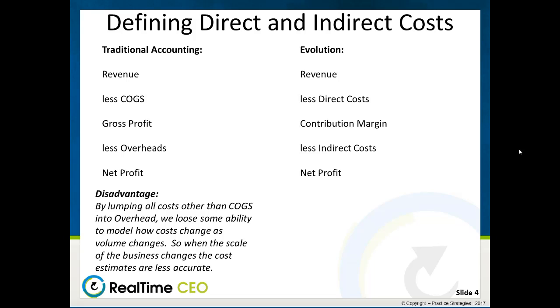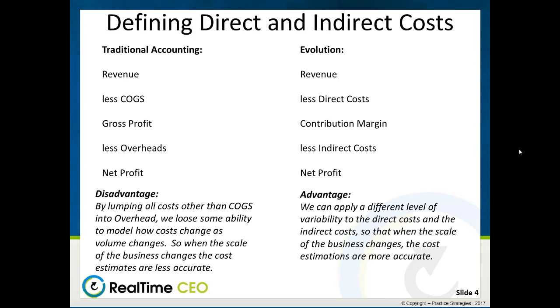So because we've got more of our variable costs included in direct costs, we now have an advantage that we can apply the right cost variability to make future estimates of costs more accurate. If you are still using the traditional definition of costs, why don't you take this opportunity to challenge that definition so that you'll get more benefit out of the powerful modeling tools that you will receive in the Real-Time CEO app.